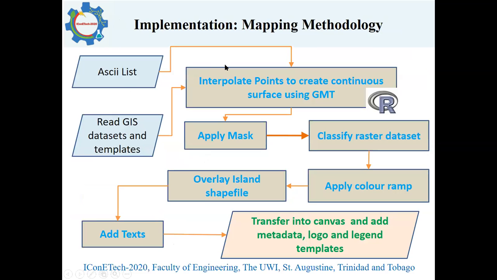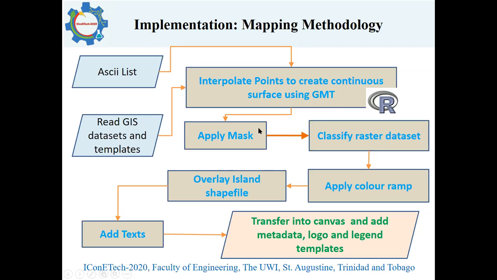How the map production process was done, it brought in an ASCII list, which was the information that was created from the first phase. It interpolated those points, right, along with the information that existed in some sort of stored database. And this interpolation was done with the Generic Mapping Tools.